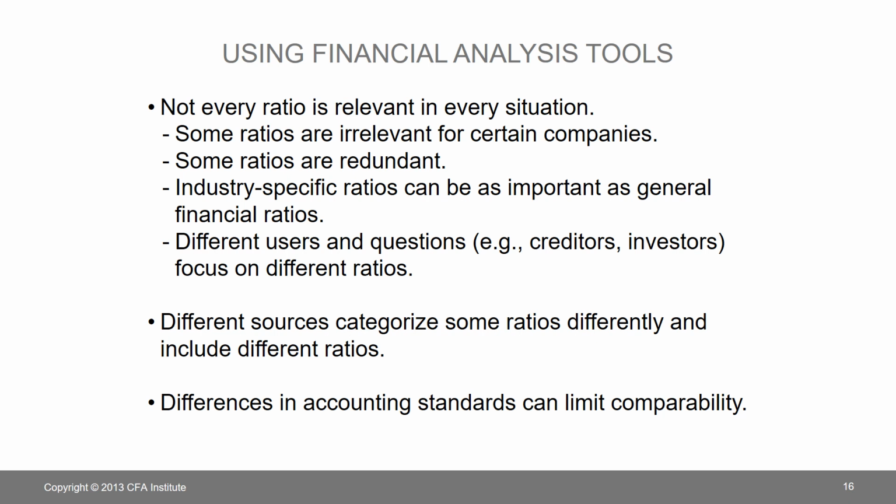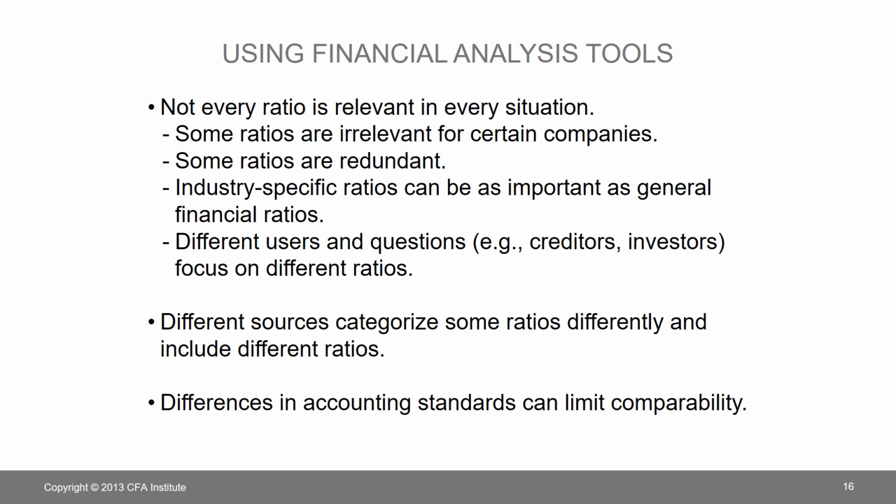Different sources categorize some ratios differently and include different ratios. Sources include textbooks and commercially available databases like Thomson Reuters, Value Line, Yahoo, Morningstar, and Zacks Investment Research. For some ratios, there is little difference. The current ratio is probably universally defined as current assets divided by current liabilities and viewed as an indicator of liquidity.